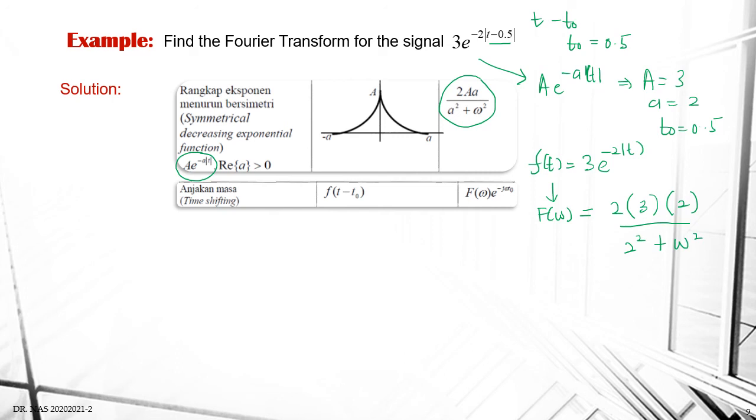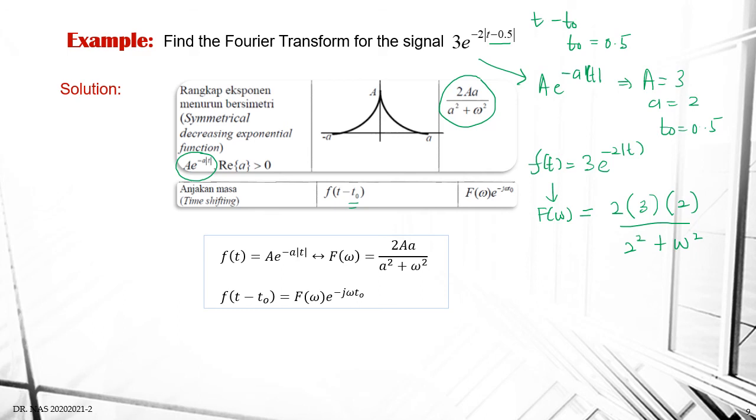Now you have a new signal being shifted. The new signal depends on the original signal f(t), but shifted by t₀. If the signal is shifted by t₀, the Fourier transform equals F(ω) e^(−jωt₀), where t₀ equals 0.5. So what is F(ω)? F(ω) is from the original equation.